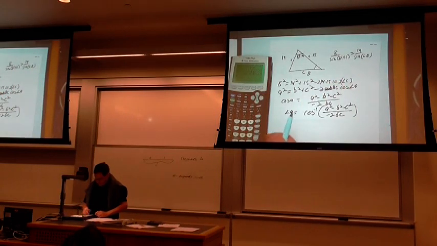or inverse sine of 14 times the sine of 81.01 point whatever, divided by, what number am I missing? 8.